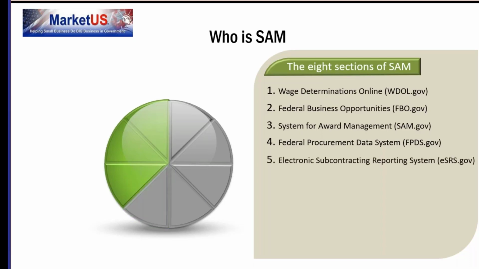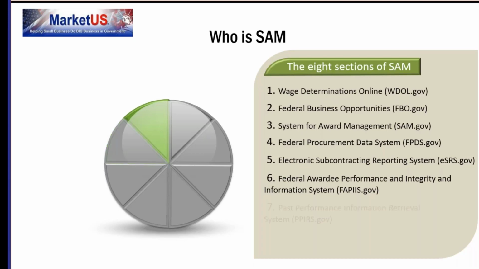Electronic Subcontracting Reporting System. Well, I'm guessing that's probably mainly for contracting officers, contract specialists, buyers. Don't know, never used it. The Federal Awardee Performance. That's a new one. Never heard of that one. These are all individual, still functional, most of them, websites within the government that are being migrated into SAM.